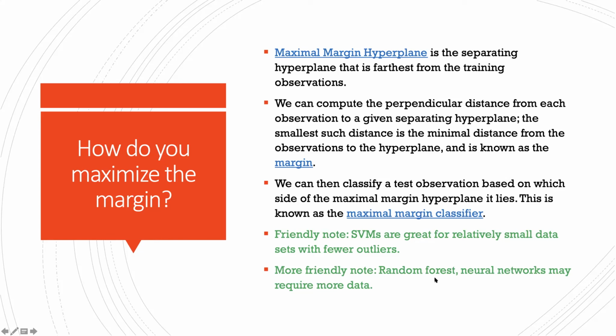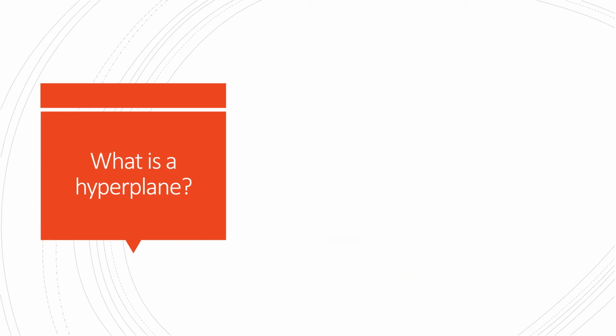Please keep in mind that sometimes it is not easy to classify when we have small data sets, but SVMs work really well on these. Methods like random forests, neural networks, boosting and bagging generally require more data. Please keep that in mind.